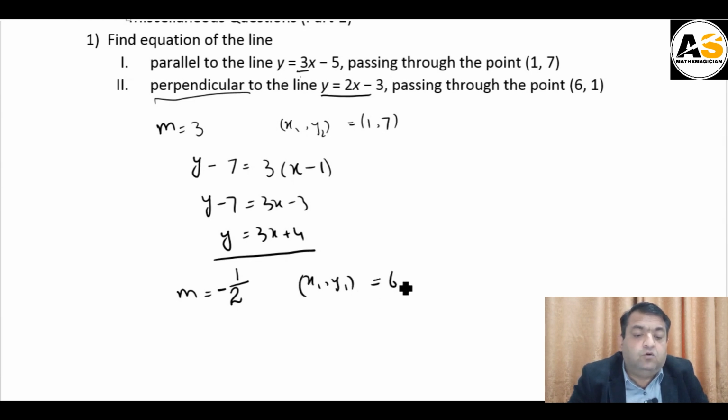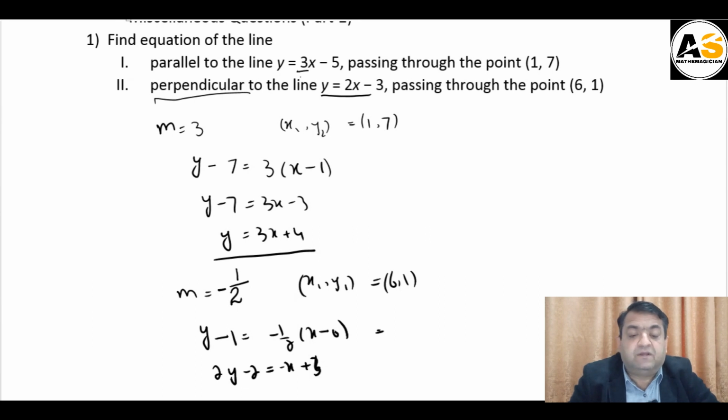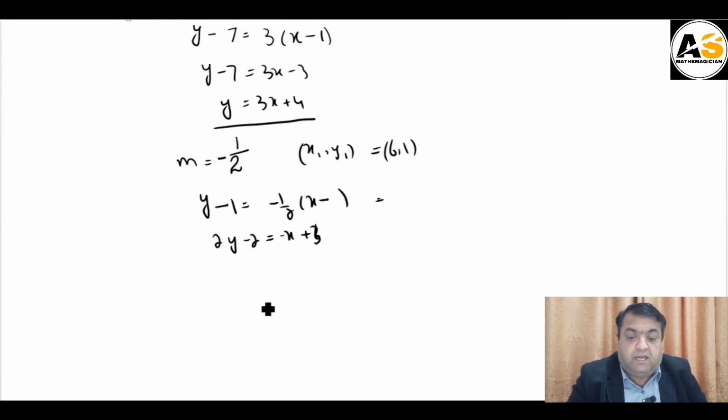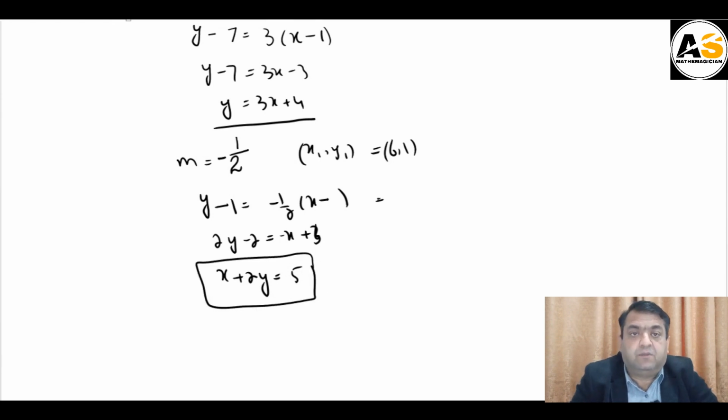So we will form the equation y minus y1 is equal to m into x minus x1. You can simplify it to 2y minus 2 is equal to minus x plus 3. You can further simplify it to x plus 2y equal to this, as x comes to this side and minus 2 moves to that side. So this is the answer to the second part of the question.